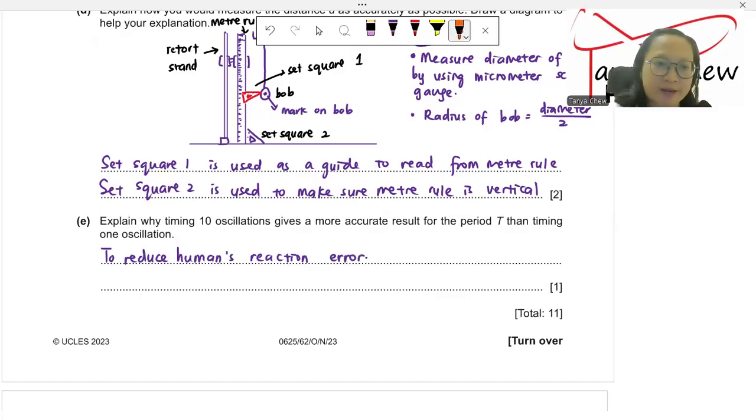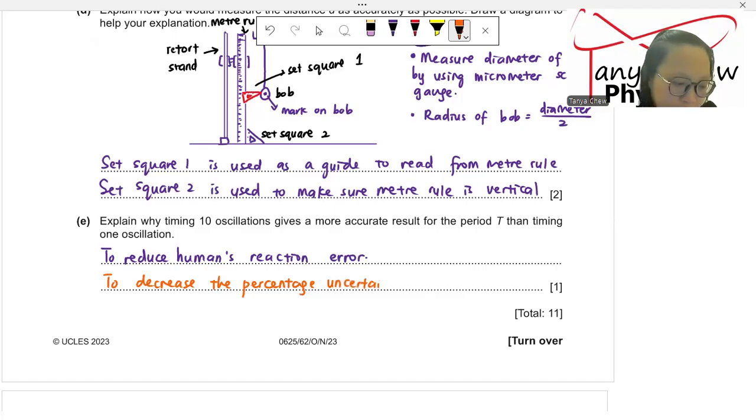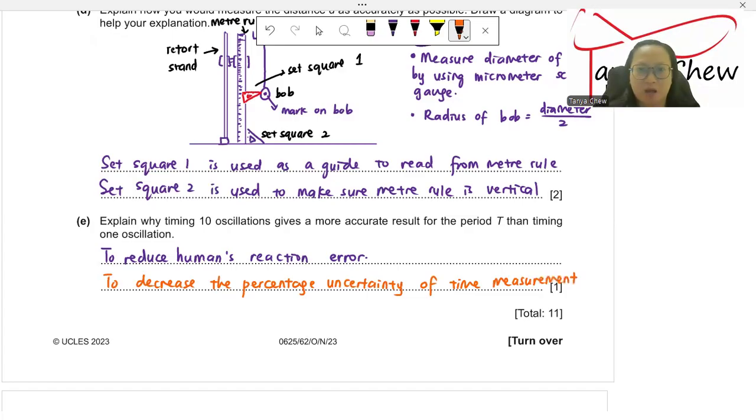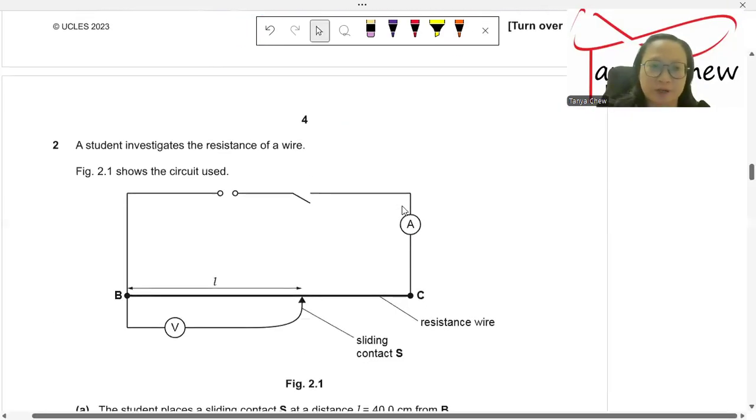Or you could also say that we time 10 oscillations because we want to decrease the percentage uncertainty of time measurement. Percentage uncertainty of time measurement means the error that could be caused by the measurement of time. So that is called percentage uncertainty of time, right?